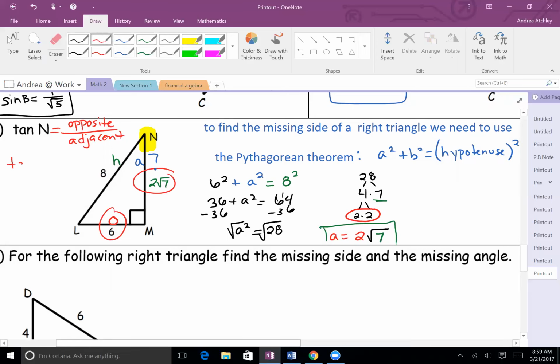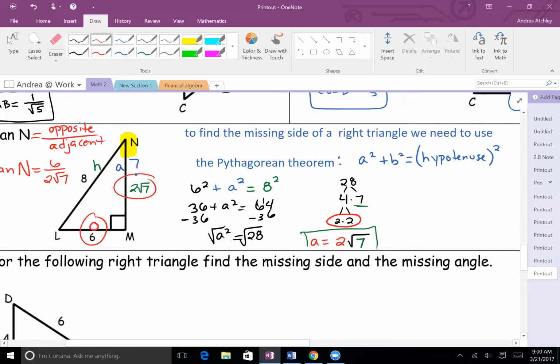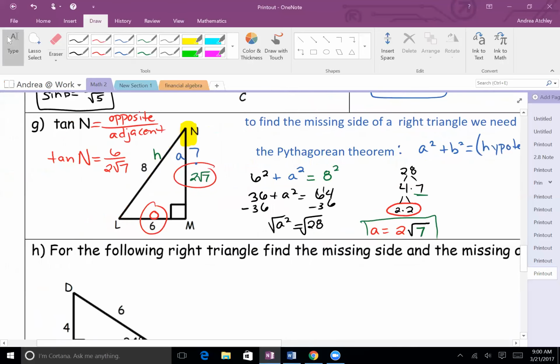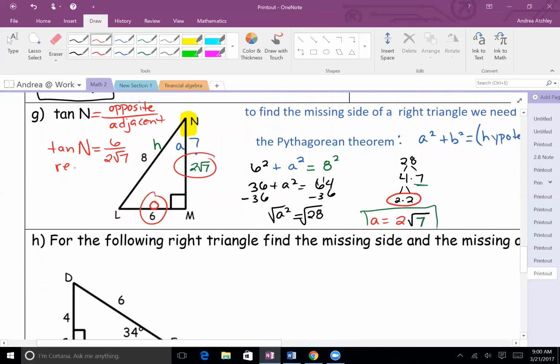So tangent of n equals 6 over 2 square root 7. And then we need to reduce. So 2 and 6 can both be divided by 2.